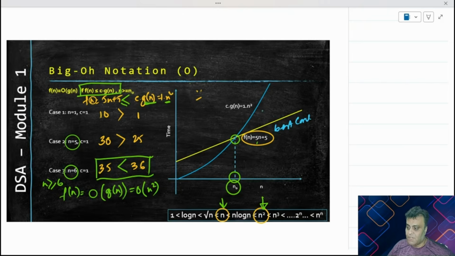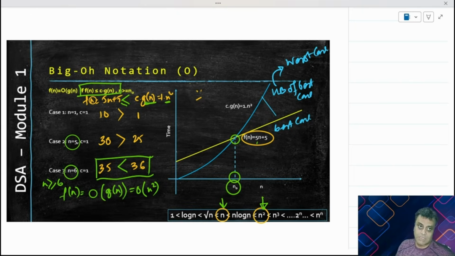So the best case function having an upper bound means this is an upper bound of best case. We do not say this is the worst case. Just because it is the upper bound, it doesn't become the worst case. Best case, worst case are the lines, and the upper bound and lower bound are on top of or below the lines. That's what I wanted to recap, because this is something almost everybody makes a mistake on.